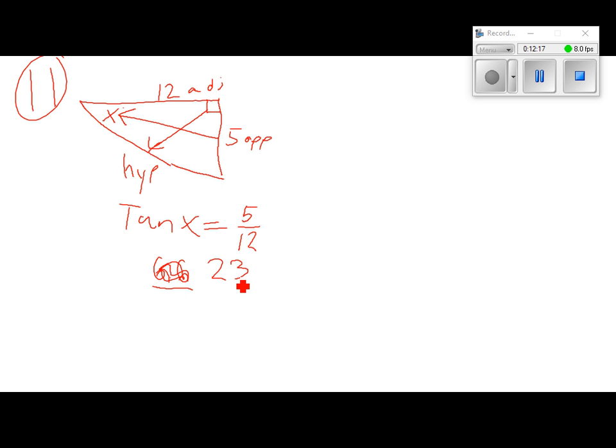Look, if you're doing it on your calculator, you're gonna have to do this. Okay, now circle the answer. It's 23, because we round to the nearest whole number. Your calculator is doing the order of operations.